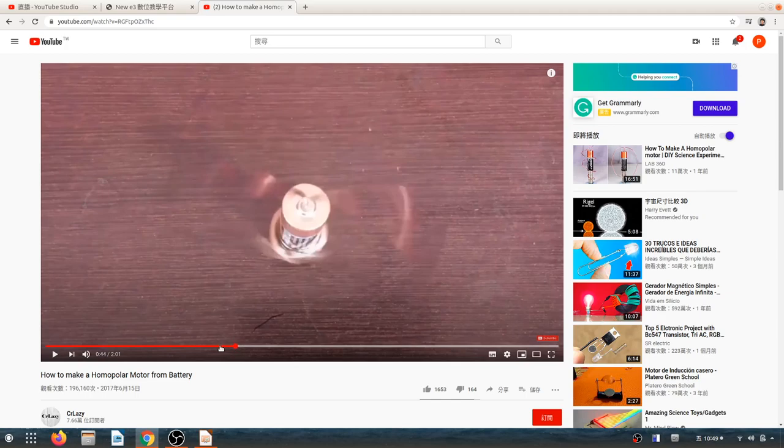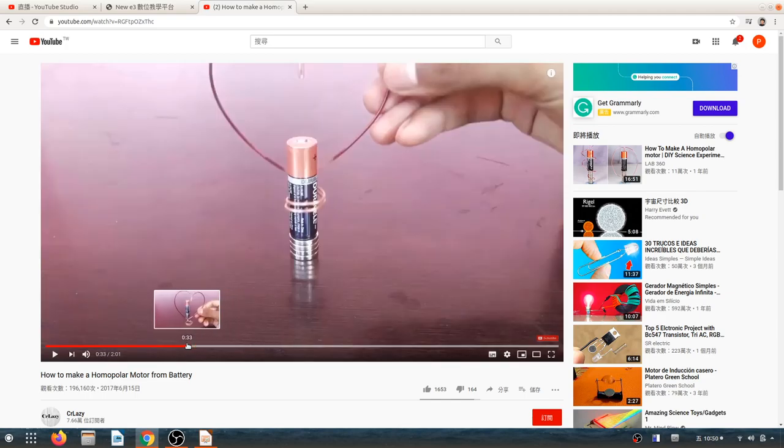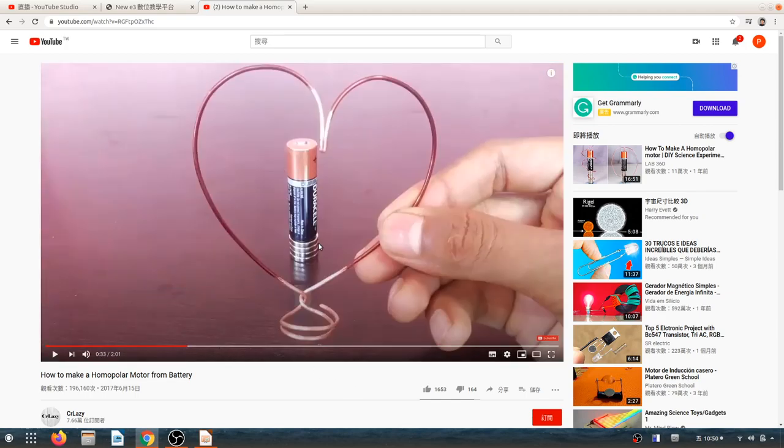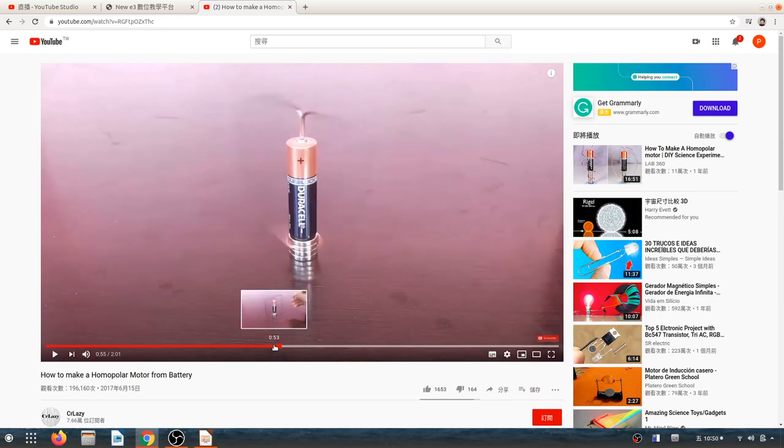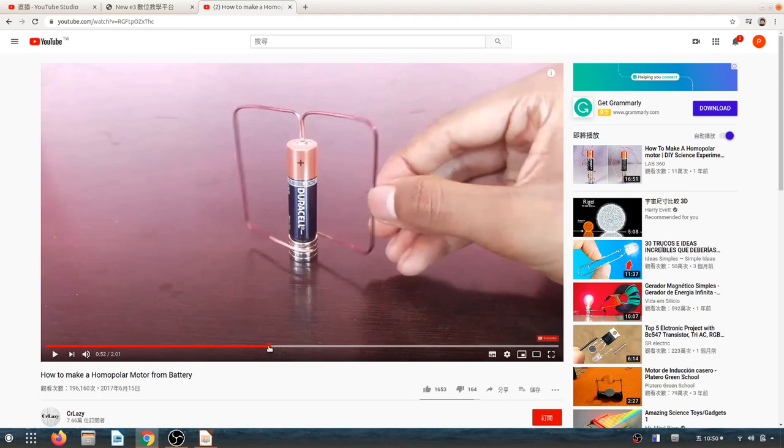Please analyze the forces applied on the heart-shaped coil like this in this kind of magnetic field. Please analyze the direction of the current, the direction of the magnetic field, and the direction of the force, and explain how the heart is spinning. Or if you want to do it in an easier way, then you can analyze this one. They are mathematically the same, though the geometry is different, but the mathematics is exactly the same.